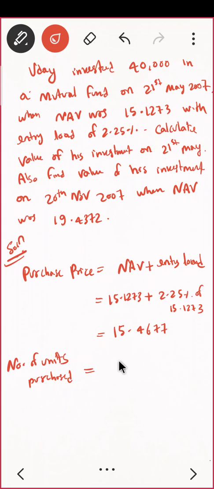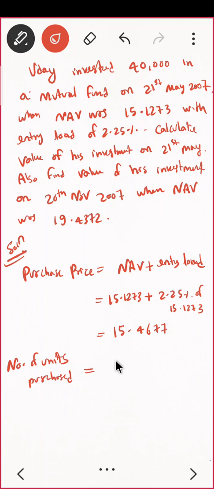You are having this amount, purchase price per unit. Will it be purchase price divided by investment or investment divided by purchase price? Think about it again. What is purchase price? Purchase price is just 15 rupees.